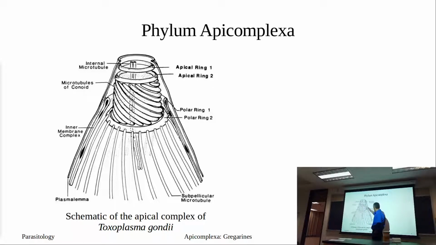You've got some subpellicular microtubules that run underneath the actual cell membrane and provide structure for that organism. This lays out where the apical rings, polar rings, and conoids are. And then in the interior, that's where you're going to have your rhoptries and your micronemes. Present that for completion.